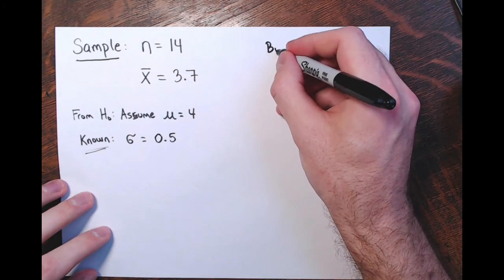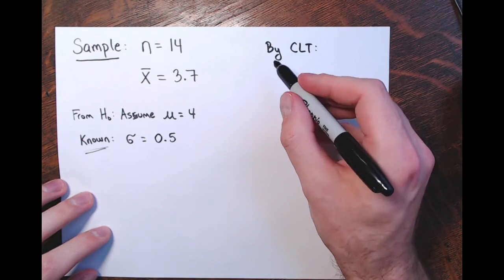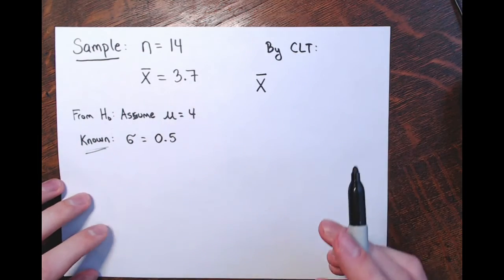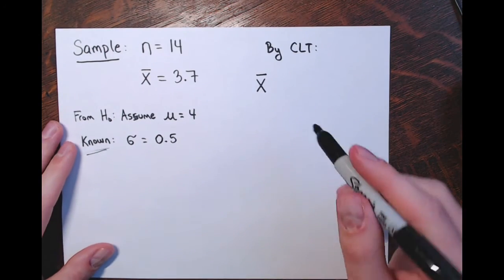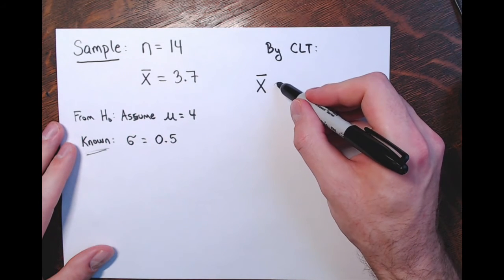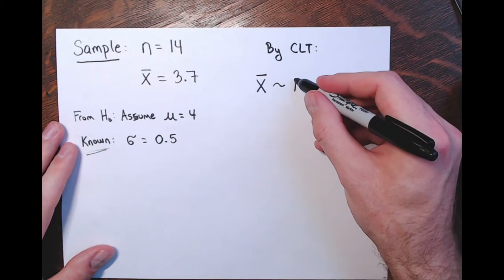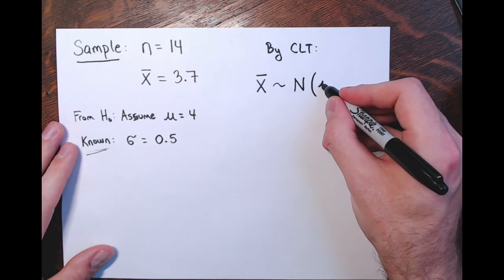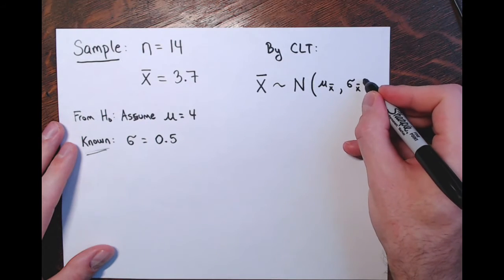Remember, by the central limit theorem for means, the distribution of x bars, and this is assuming we have a normal distribution to begin with, the distribution of the x bars of all the sample means for samples of size 14 would be approximately a normal distribution with a mean of mu sub x bar and a standard deviation of sigma sub x bar.